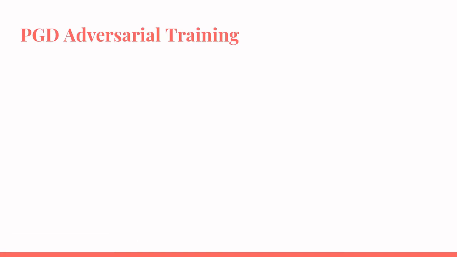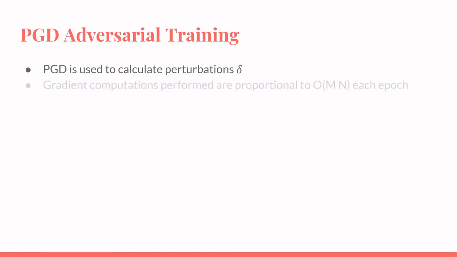Now, one of the original standard forms of adversarial training was with PGD. PGD was used to calculate the perturbations delta. But the problem with that was the gradient computation is proportional to O(MN) each epoch. So it's very expensive, very costly to perform.